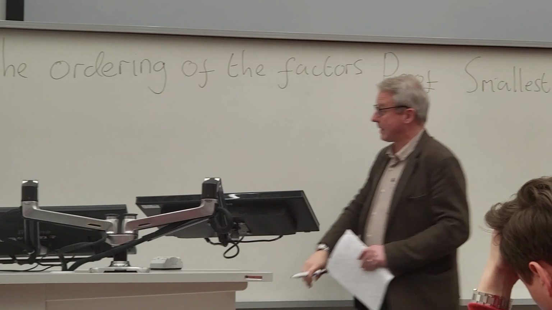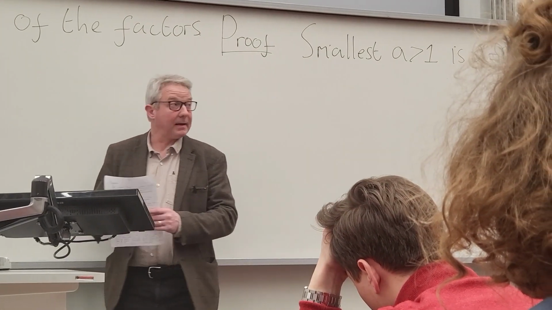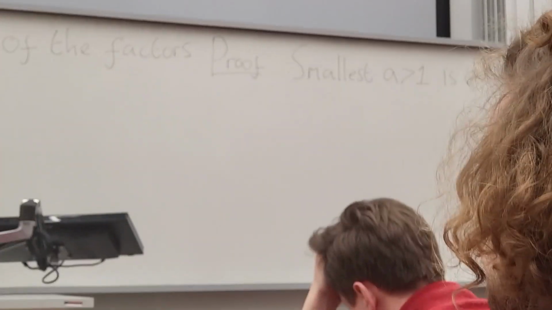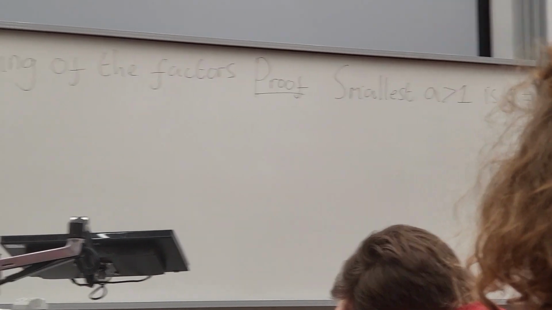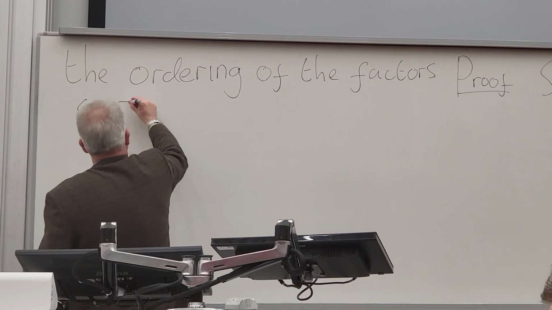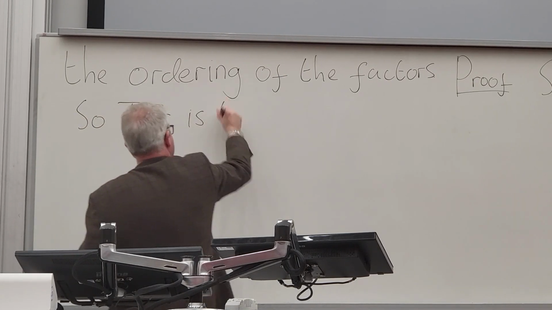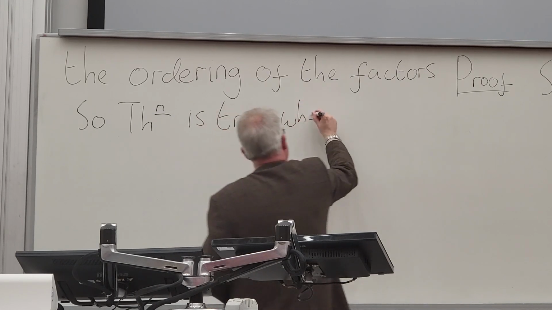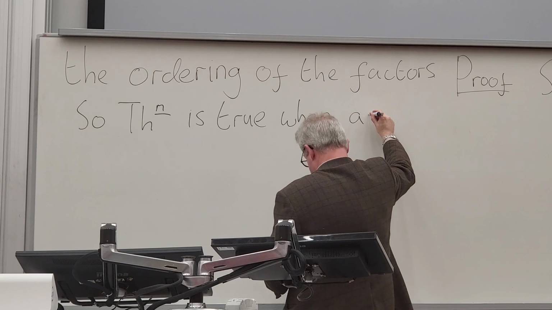So it's true in that case, because 2 is a prime number, an even prime, and there's only one way of writing it, because it's a single prime number. So the theorem is true when a equals 2.